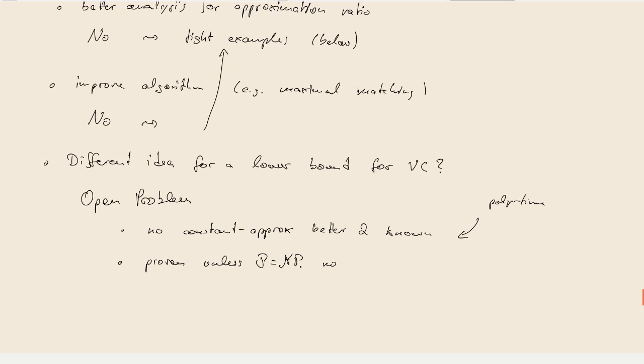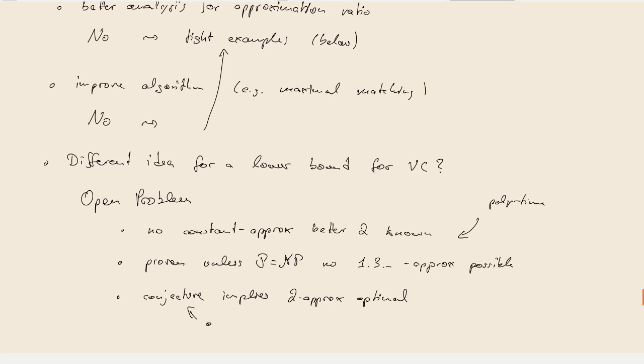And unless P is NP, there's a lower bound on the approximation ratio that actually proves that a certain ratio is not possible. You can't go below 1.36 or so. It's a wicked number. And there's a conjecture, the unique games conjecture, that implies 2-approximation is optimal.